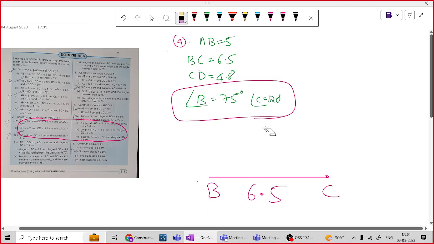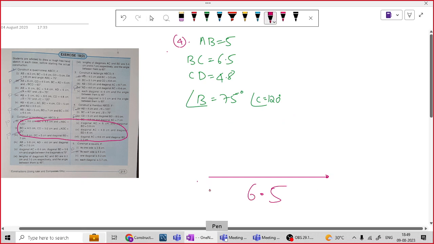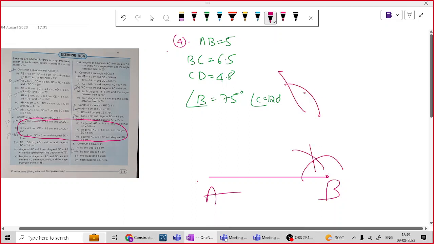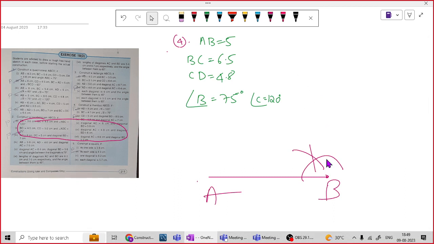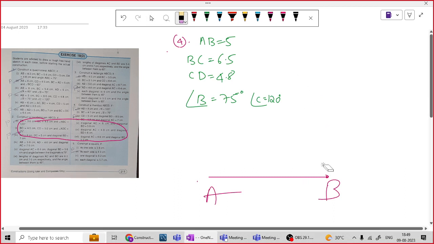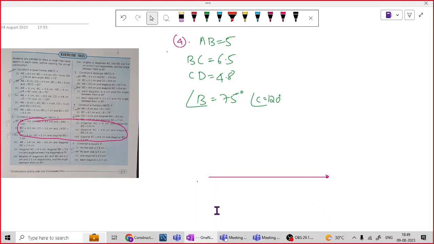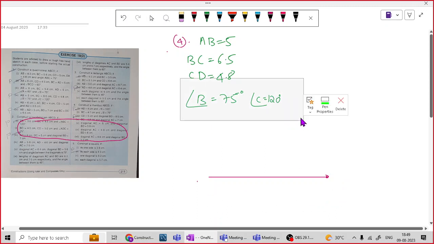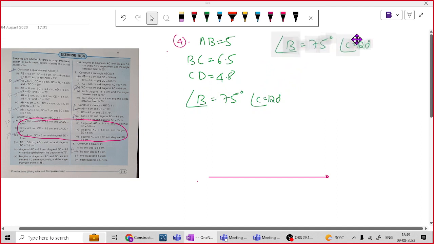If I take AB, will I be able to construct both angles? No, sir. For B, 75 is possible, but for C, I can't construct. Where should we construct angles? On the base. Okay, angles should be constructed on the base. That's the reason we took BC.